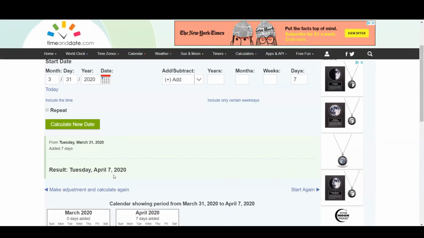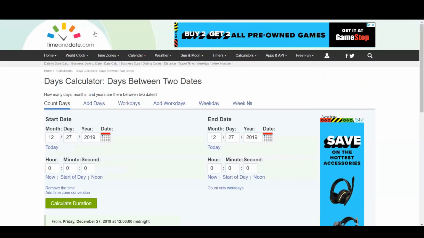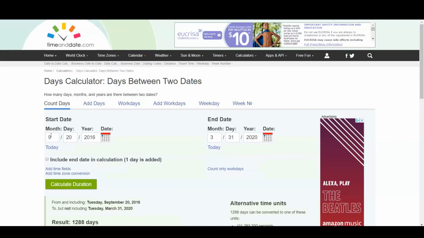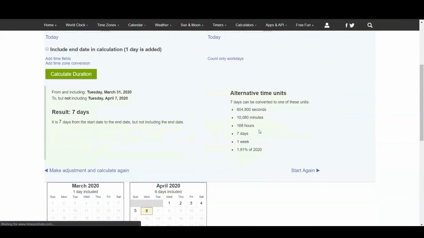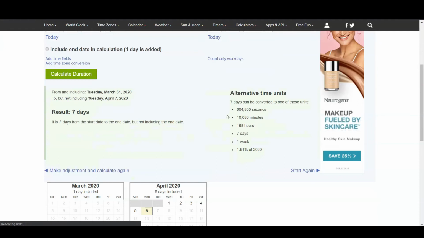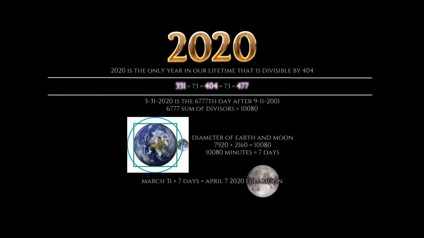Seven days is April 7th, 2020. Our 10,080 minutes, 7 days is 1 week, 168 hours. And if we look at March 31st, we add 7 days.